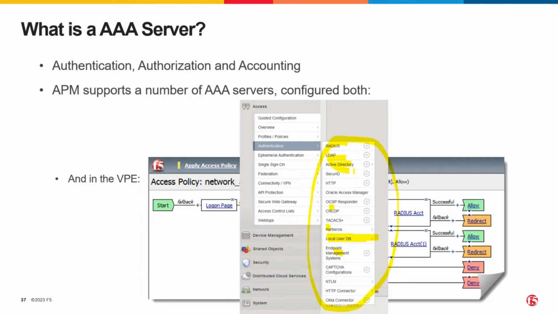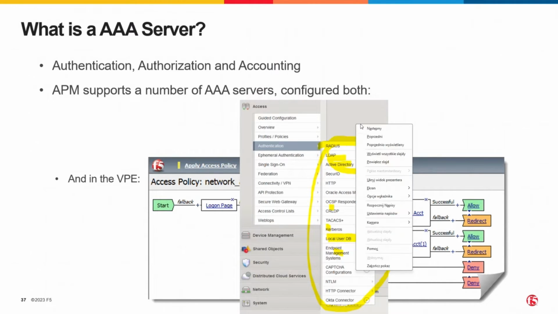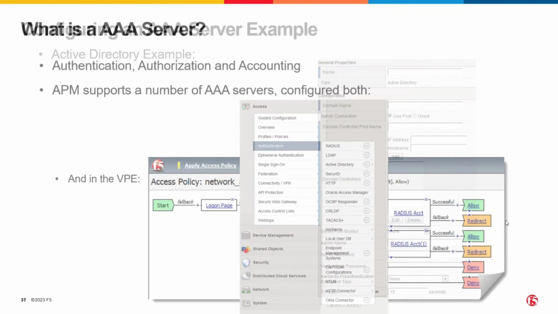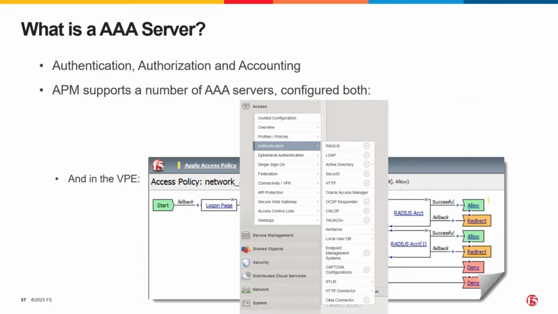It's better to use other external services like LDAP or Active Directory, and you can authenticate the users that are logging into the Access Policy Manager with those external services. And after authentication, you will give access to the resources specifically assigned. It really depends on what you want to achieve with this.